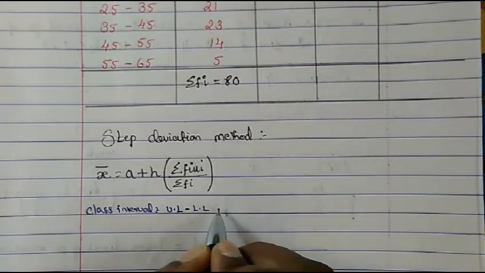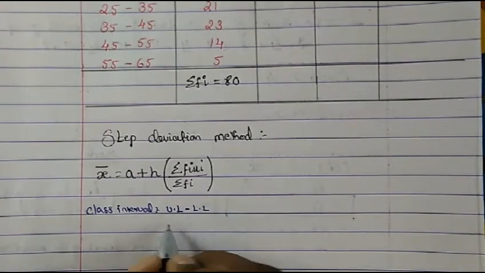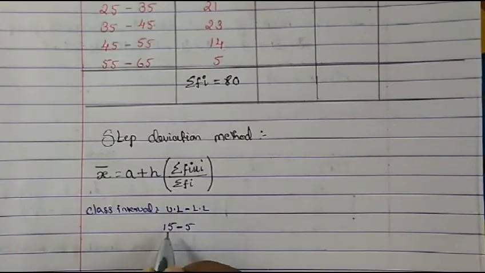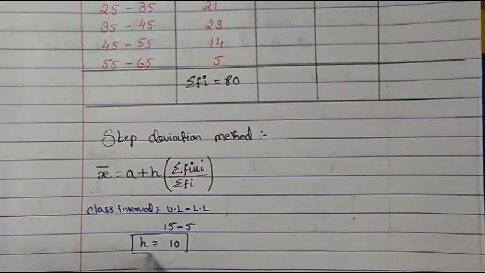So upper limit 15 minus lower limit 5, we get 10. So this is our class interval. That also is denoted as h. So our h is 10.